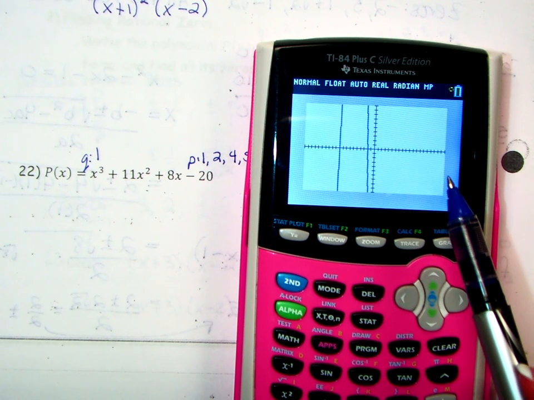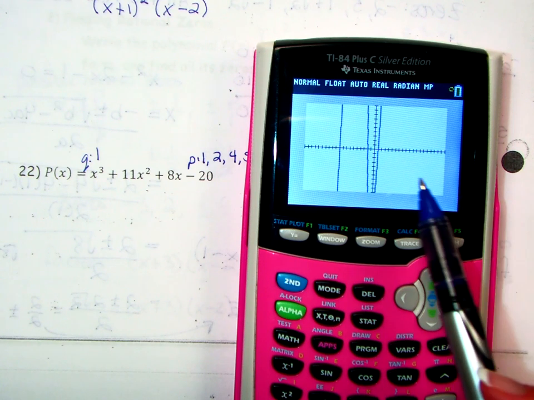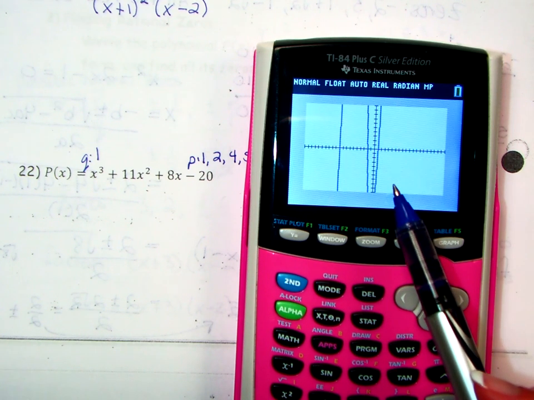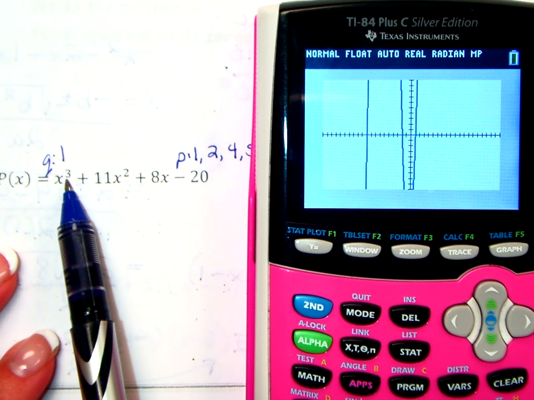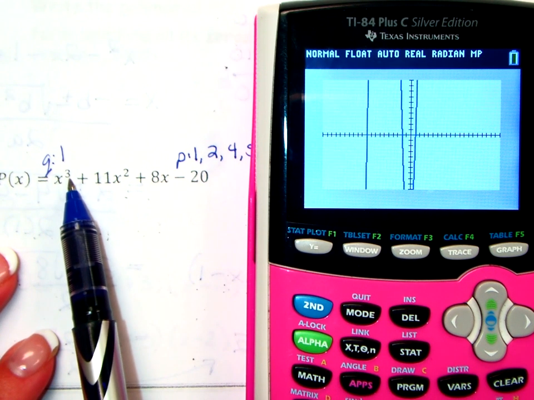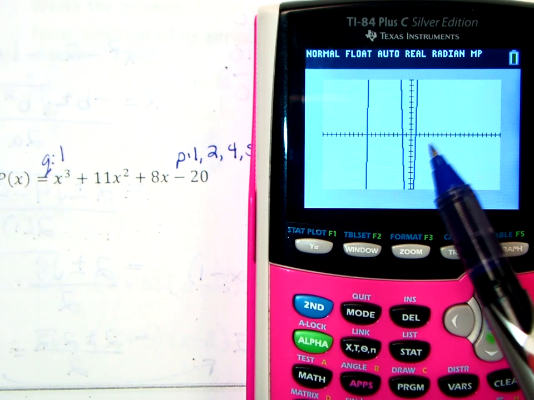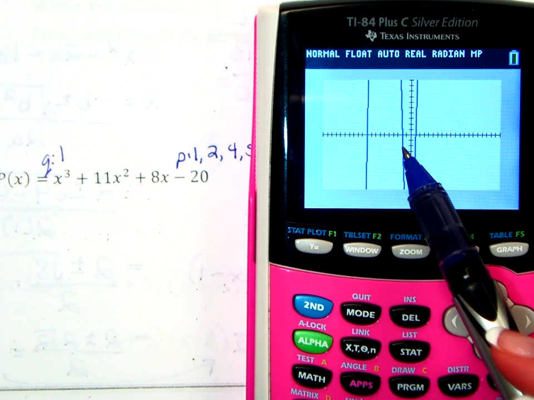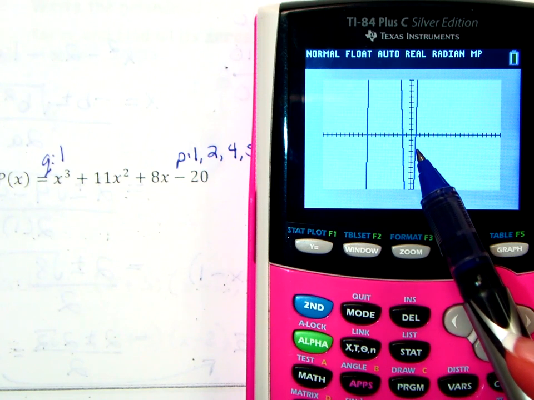There it is. It's only crossing 3. Is that okay? Oh, yes, that's okay, because we have a third degree polynomial and we have 3 x-intercepts. So it looks like it's crossing at negative 10, negative 2, and 1.